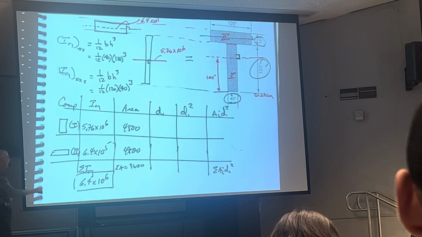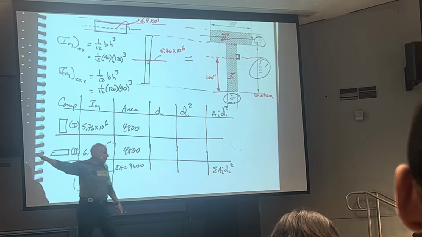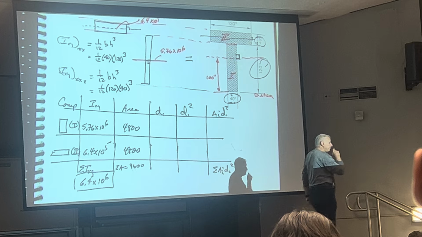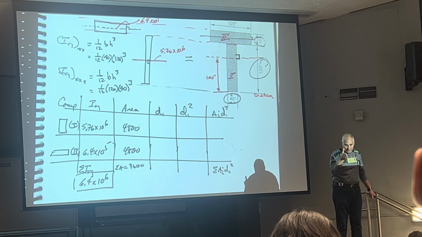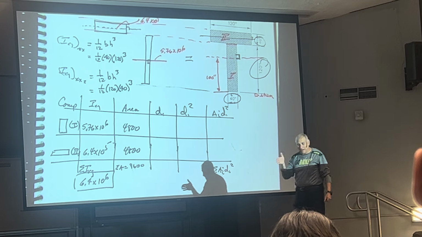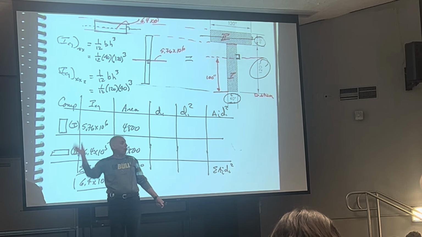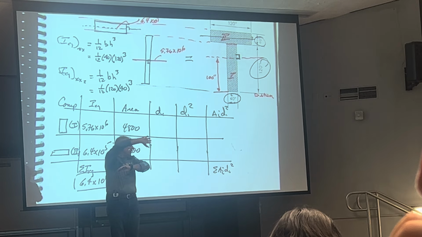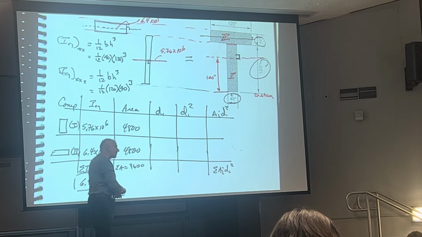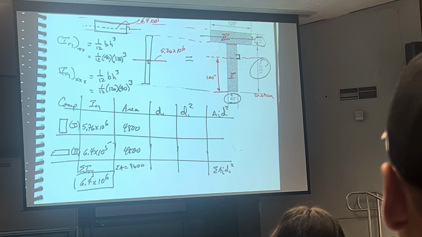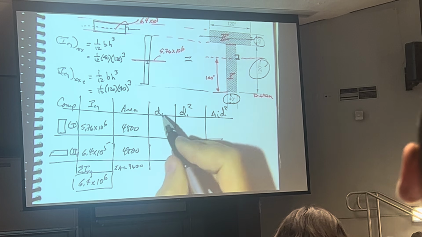So I just found the I that goes through the centroid of each piece. Everybody understand? I did not find the I that goes through the centroid of the overall shape, which is composed of 2 rectangles, one horizontal, one vertical. I haven't done that yet. I just found each individual one. I already have the area, I need the DI.